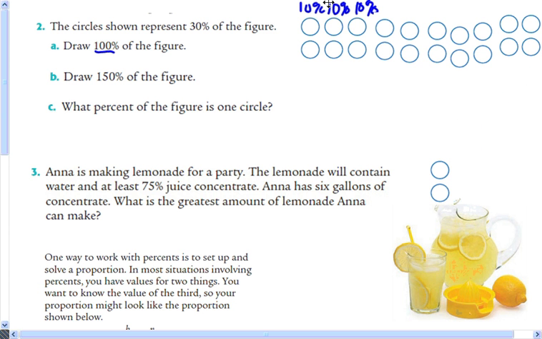All right, there's 100% of the figure. And I needed 20 parts, 20 circles to draw that. All right, so think about what 150% of the figure would look like, and we'll work on that in class.